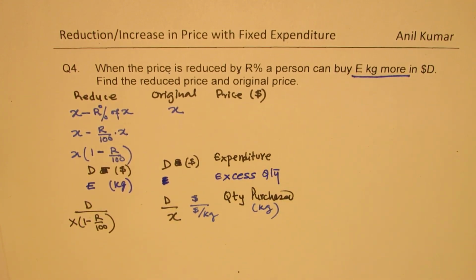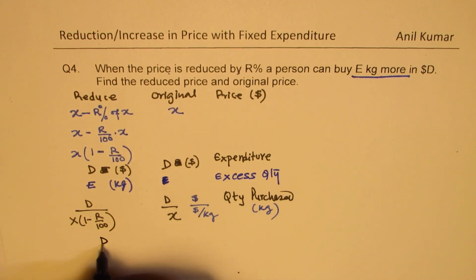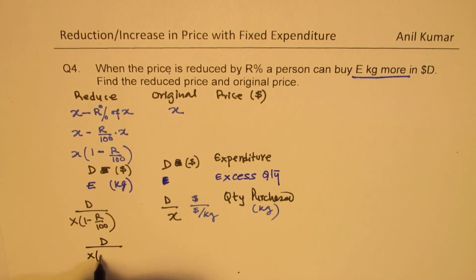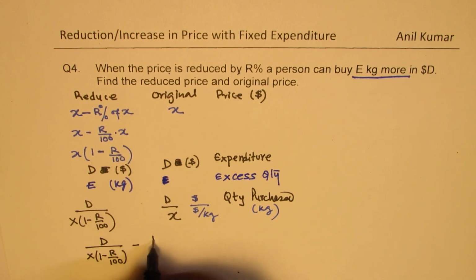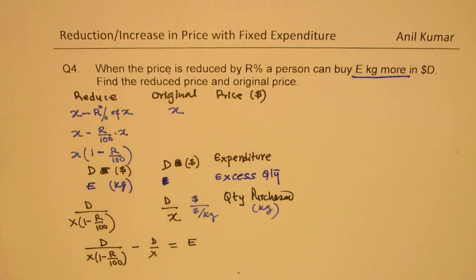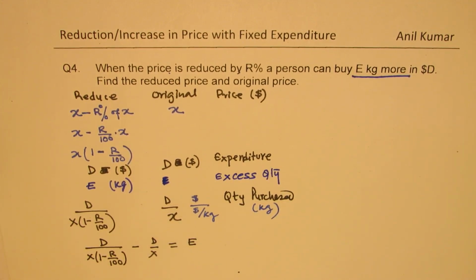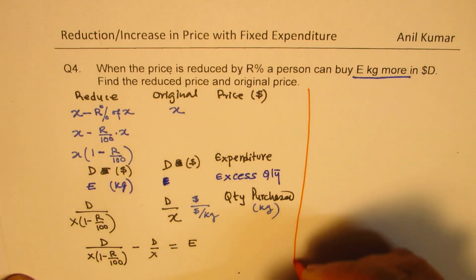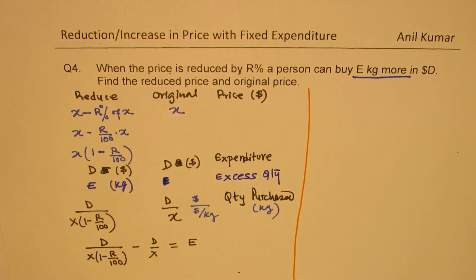So we can now make an equation which is D over X times 1 minus R over 100, minus D over X, and this is equal to the excess purchasing power. Does that make sense to you? So we get our equation.